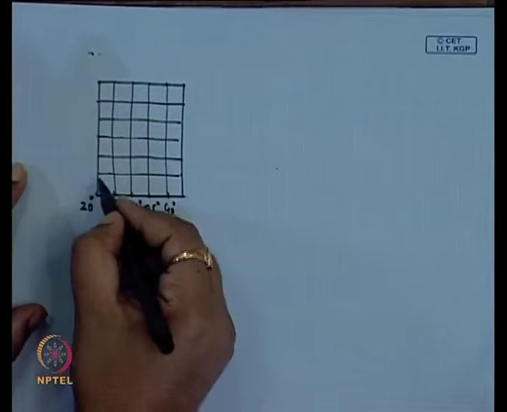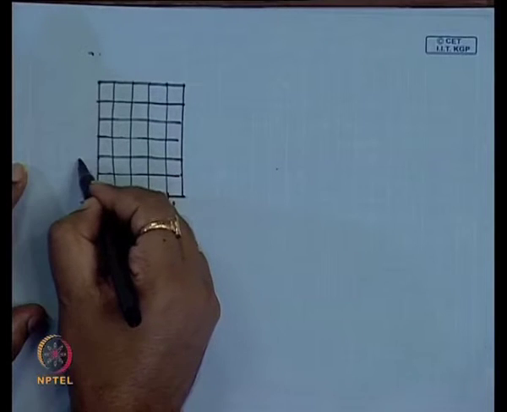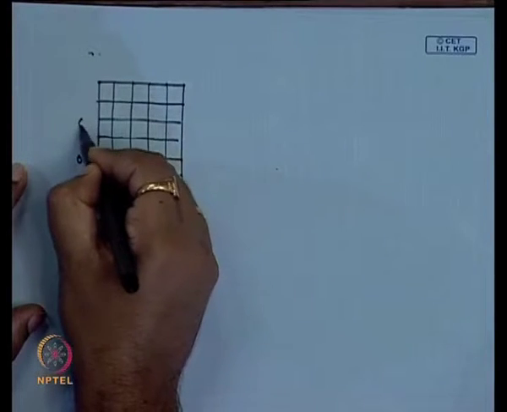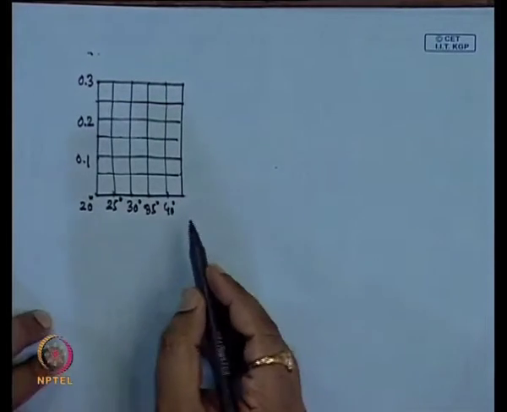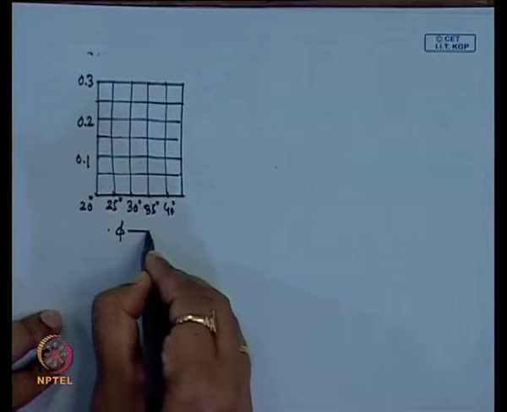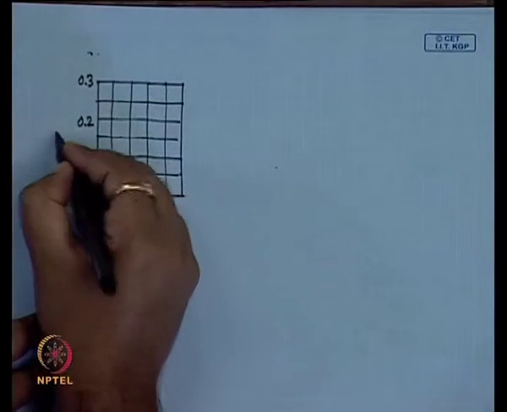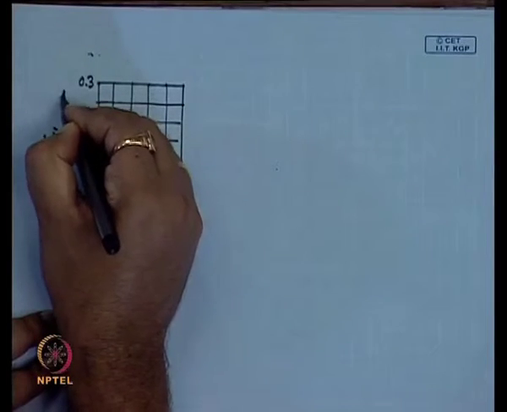Similarly, this is 0.1, this is 0.2, this is 0.3. In this graph, phi is in this direction and I by h is in this direction.